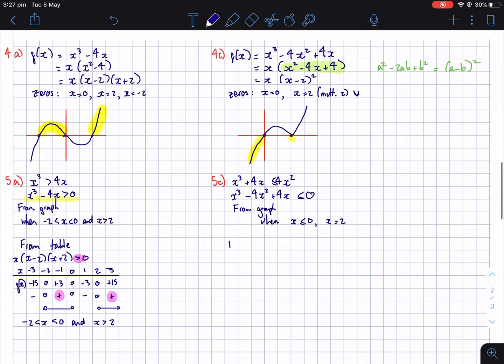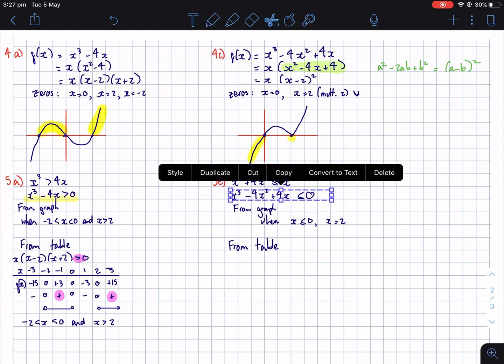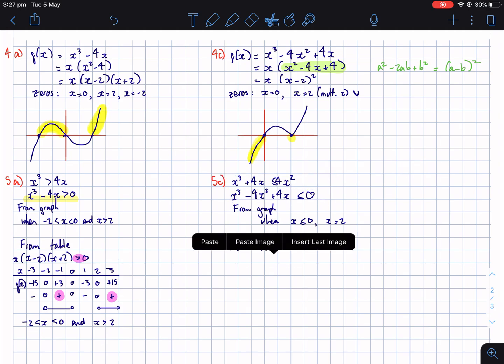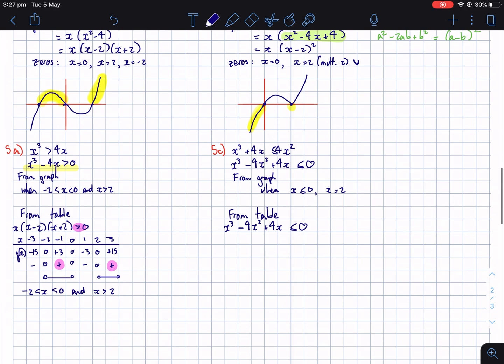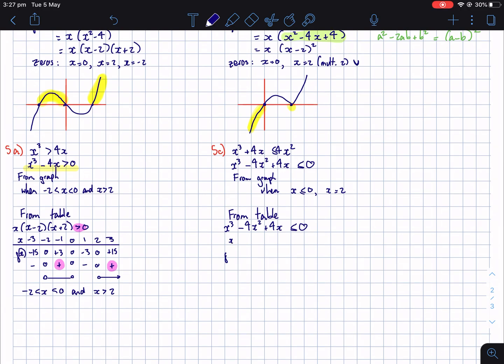If we wanted to do a table instead, so we're doing this thing. Let's do it. We've got x, we've got f of x. We need to try 0 and positive 2 and things on either side. So let's try negative 1, 1 and 3.